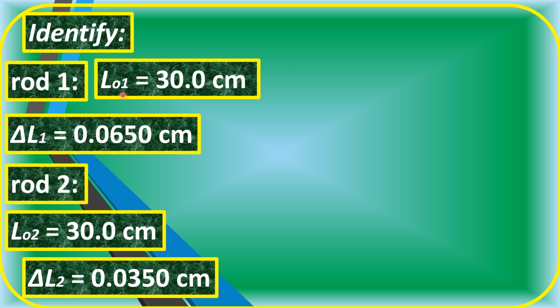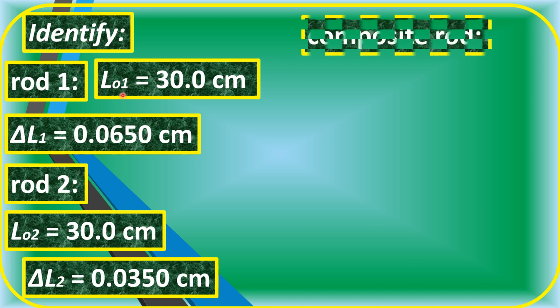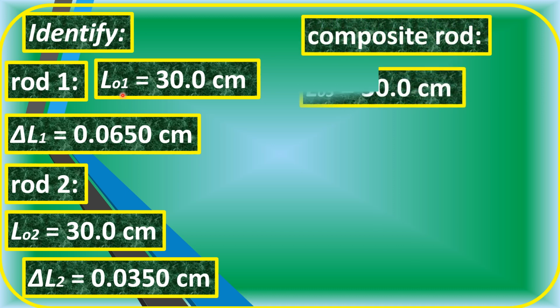When these two rods were joined end to end, a composite rod was formed, having an initial length L sub naught 3 equal to 30.0 centimeters.